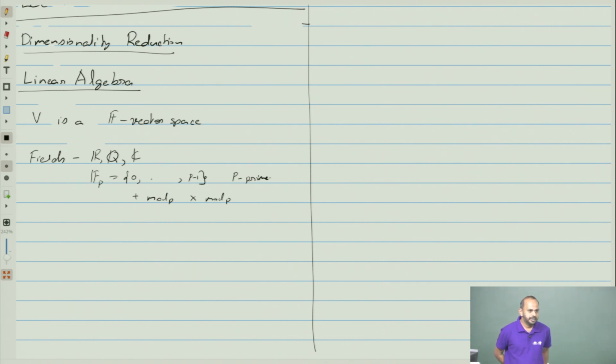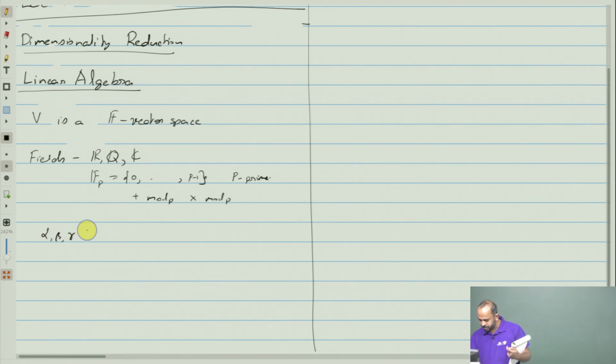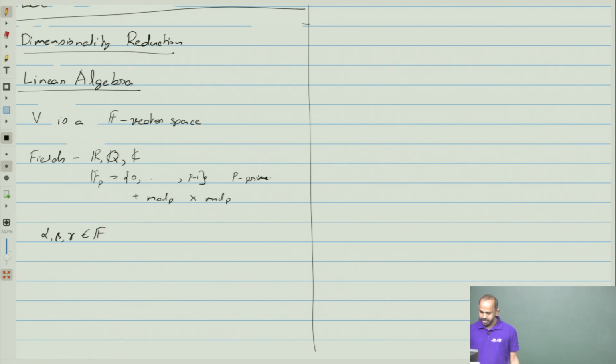Why is it necessary that we can multiply scalars with vectors? The vector space definition requires that. A vector space is a set of vectors where you can take scalar linear combinations. You can take alpha, beta, gamma belonging to the field, and this field can be any of these things.